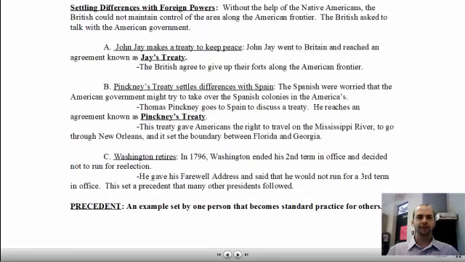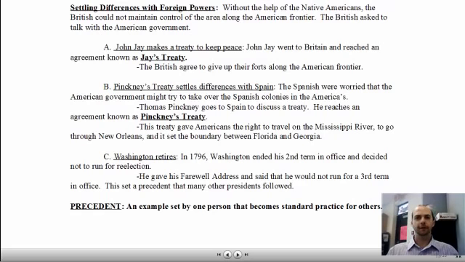Okay, once the Battle of Fallen Timbers had been fought and finished, Washington worked to settle all of the problems between the United States and Great Britain. So it started with John Jay, and John Jay was an extremely important gentleman.